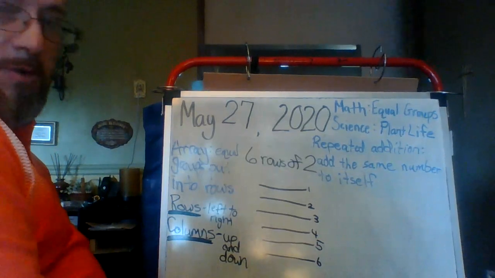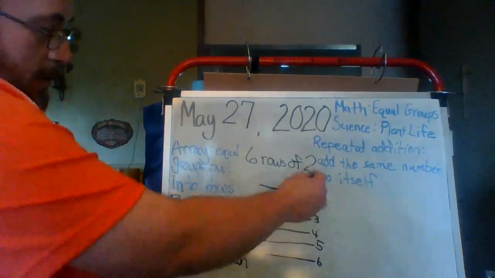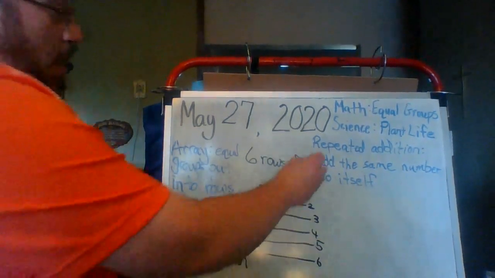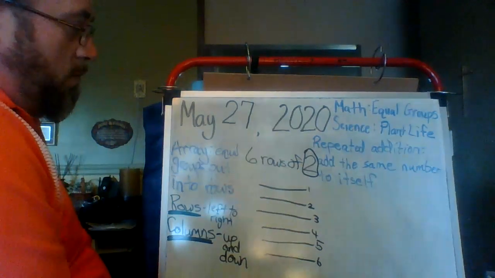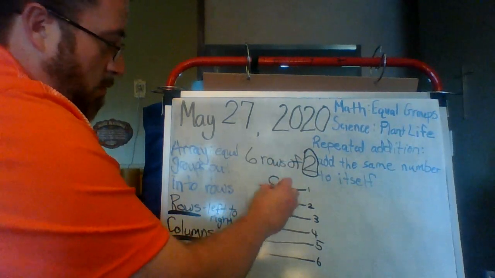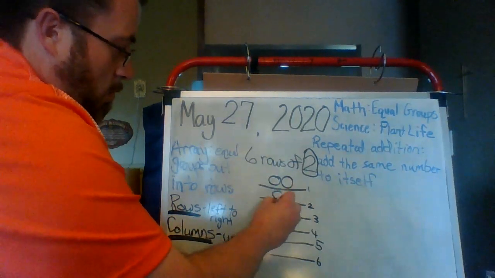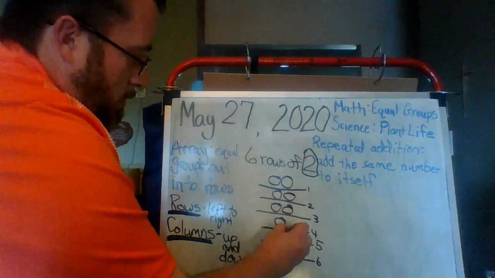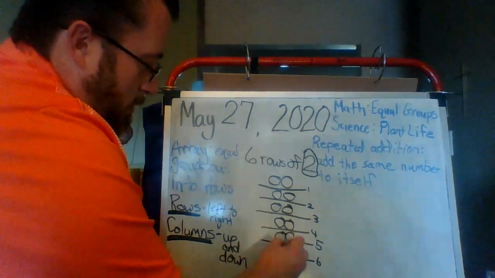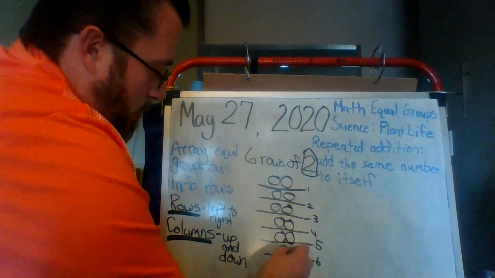Keep track of what I'm doing. So there's my 6 rows. Remember, the last number is the number that goes into each row. So I need 2 in each row. 1, 2, 1, 2, 1, 2, 1, 2, 1, 2, 1, 2.